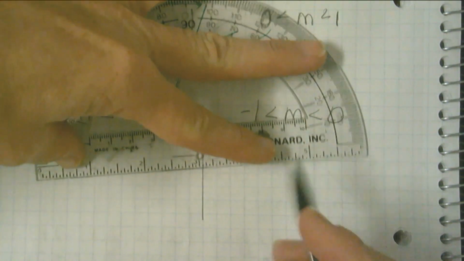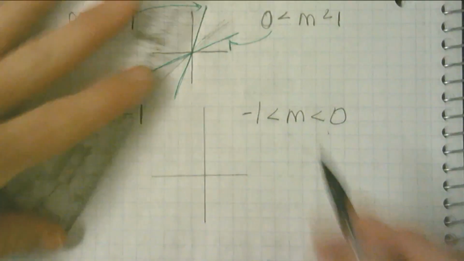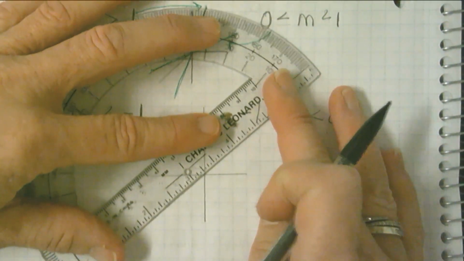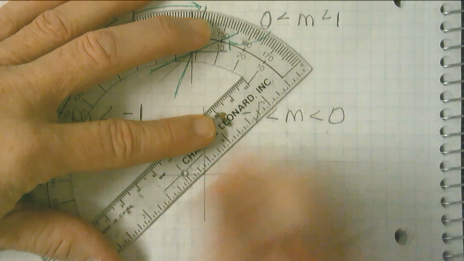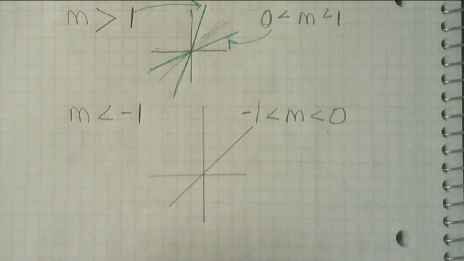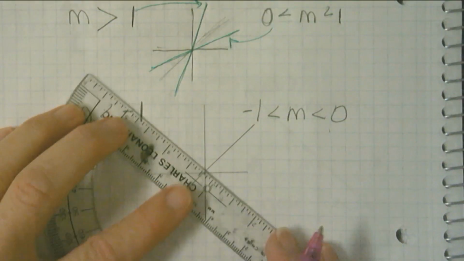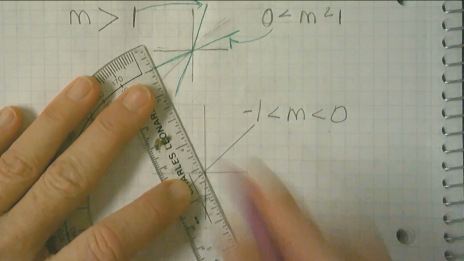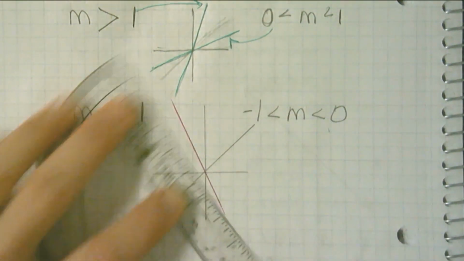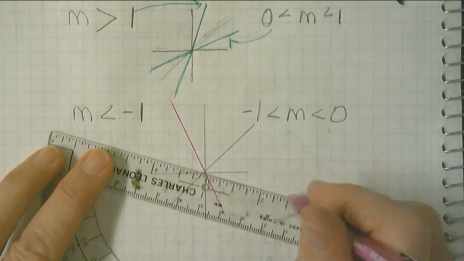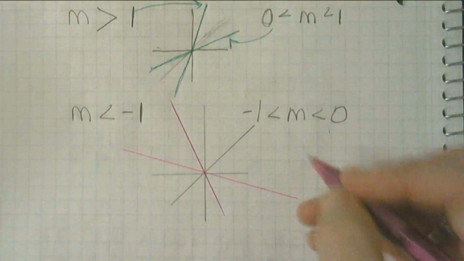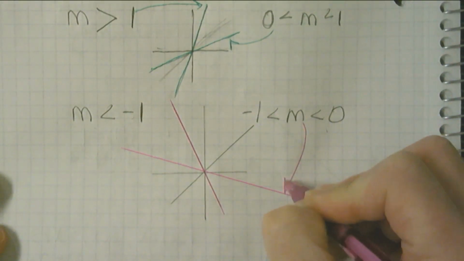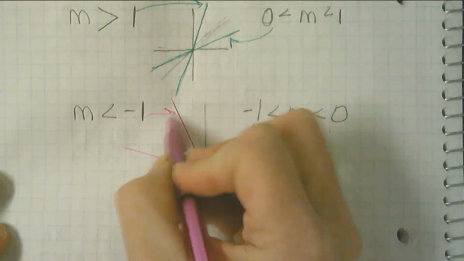So here is my parent function, where my slope is negative. Either that or that. Here is my shrink, here is my stretch.